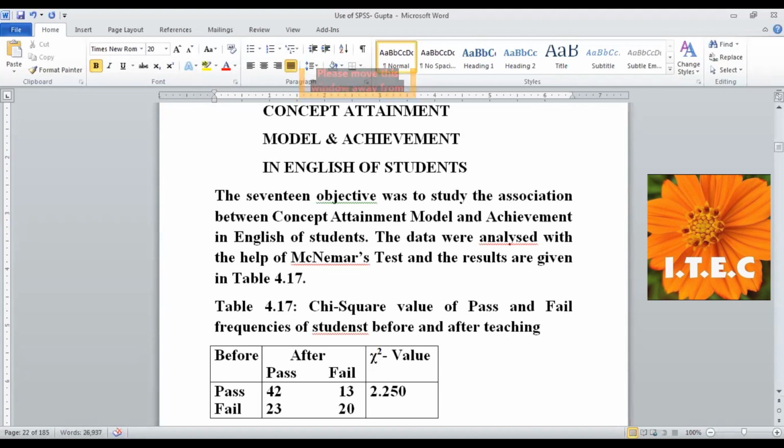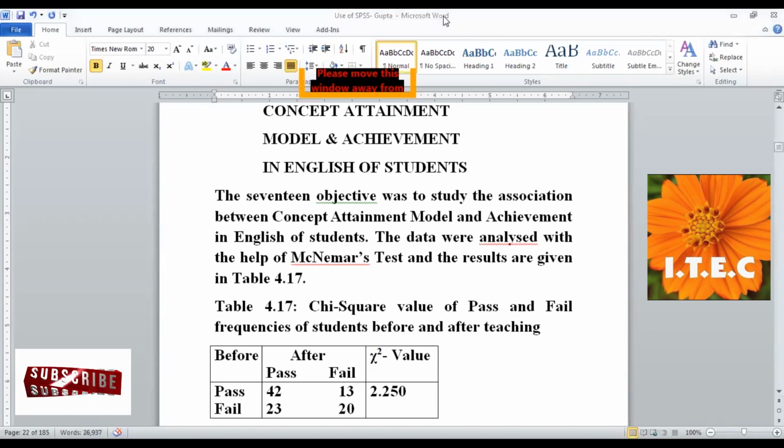Chi-square value of pass and fail frequencies of students before and after teaching. That's quite all right. No, not table showing. No.